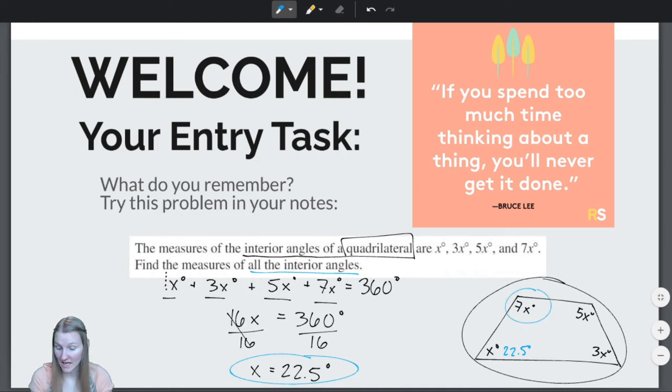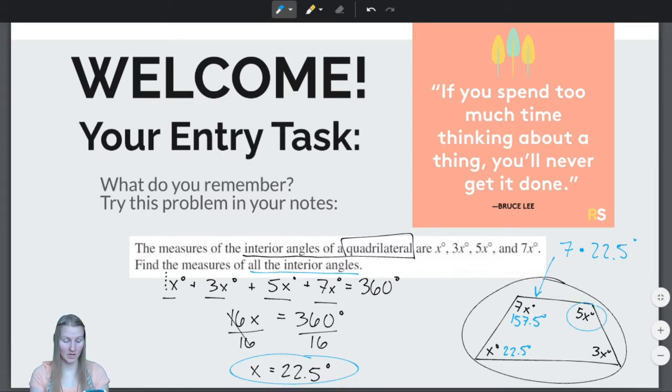But to find the 7x, I'm going to need to do 7 times 22.5 degrees. So 7 times 22.5 degrees is 157.5 degrees.